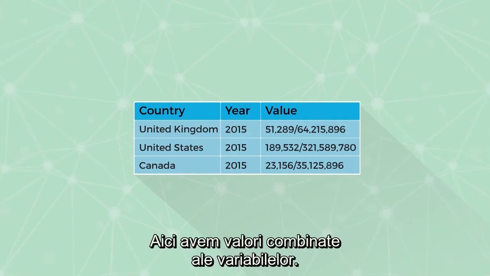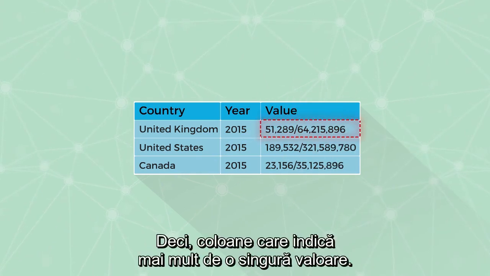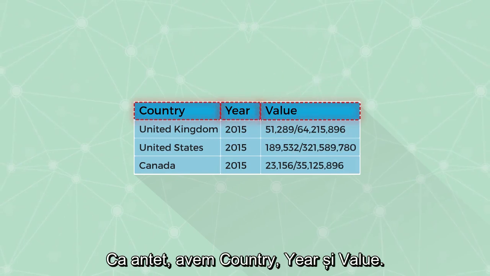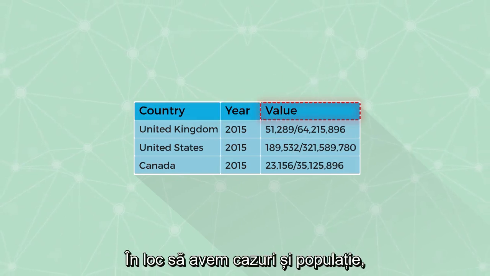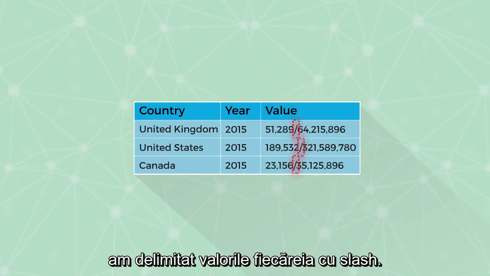Now we also have combined variable values, so we have columns that are encoding more than a single value. Here we have country, year, and value. So instead of having cases and population, we have them encoded here with a slash as a delimiter.